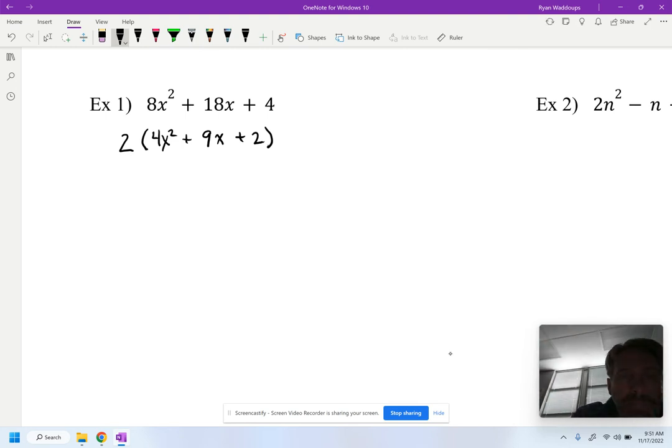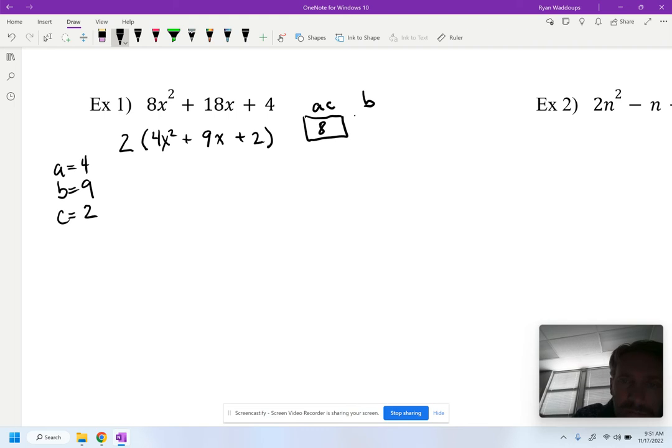Now I look at what's inside the parentheses, and I'm going to see if I can find the values of A, B, and C here. A is 4, B is 9, and C is 2. And so now I look at AC. Remember that AC is A times C, and A times C is 4 times 2, or 8.